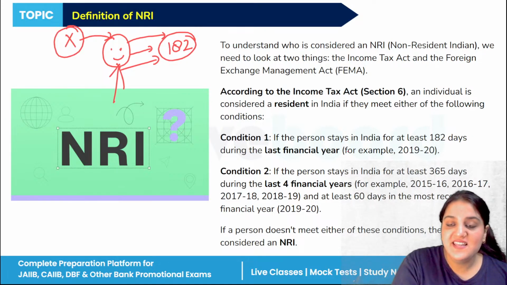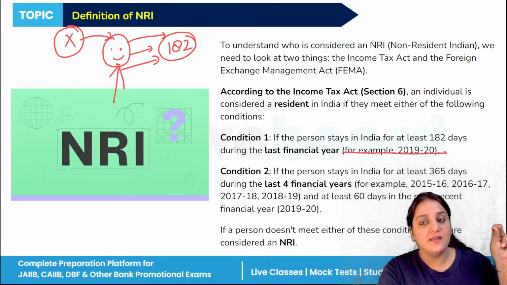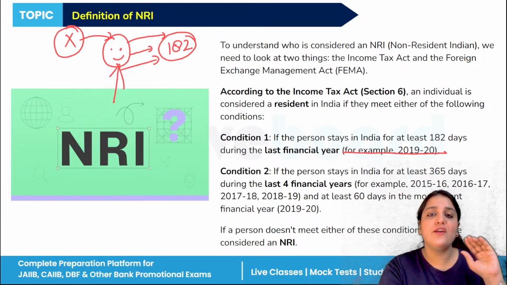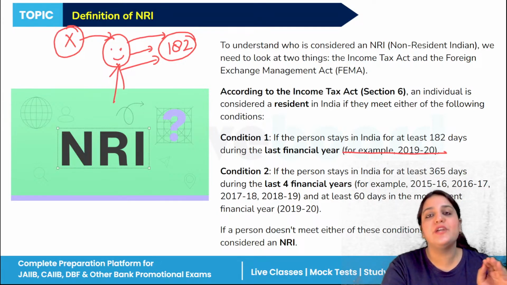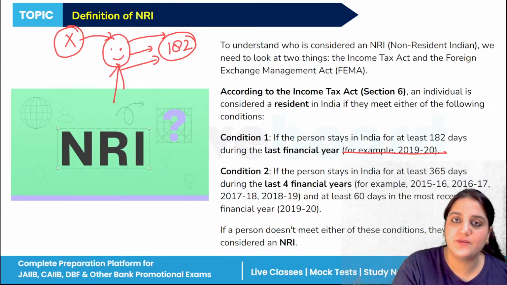Now which financial year is going on? 2025 is there, so 2024 to 25 is there, so 2023 to 24 is the last financial year.